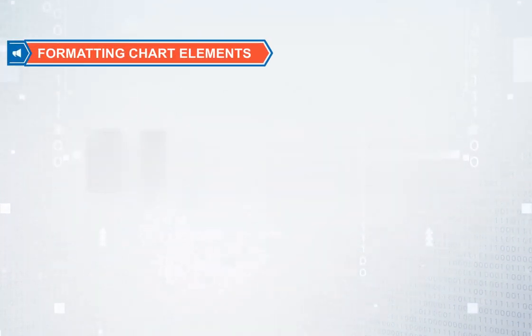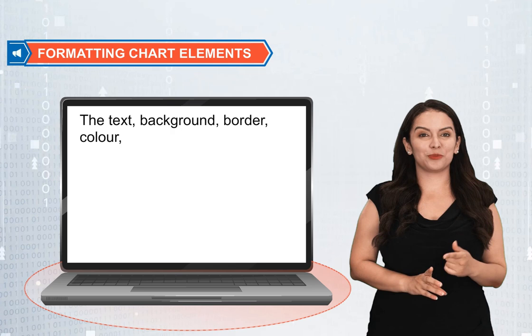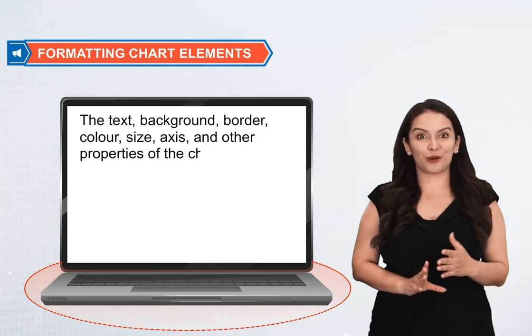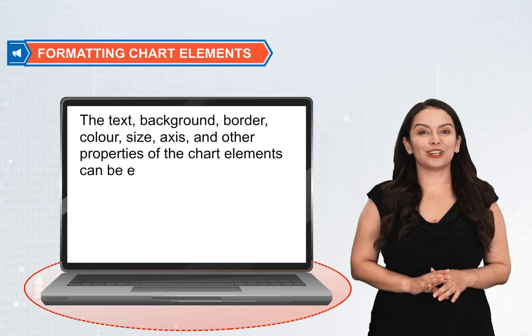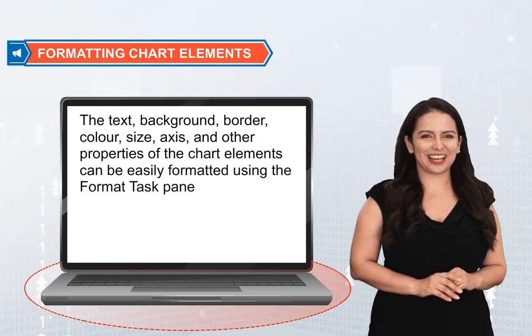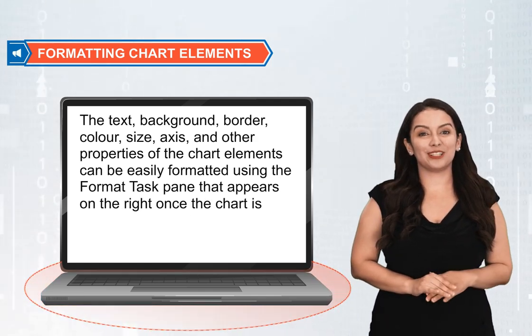Formatting chart elements. The text, background, border, color, size, axis, and other properties of the chart elements can be easily formatted using the Format task pane that appears on the right once the chart is selected.